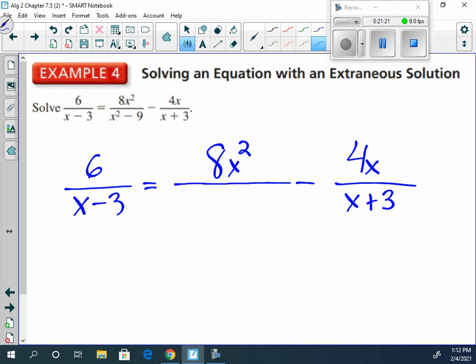All right, we're going to start this one here in a second. I'll give you a second to write it down. Is there any reason I didn't write the term under 8x squared? Because we have to factor it. X squared minus 9 is factorable, yes?